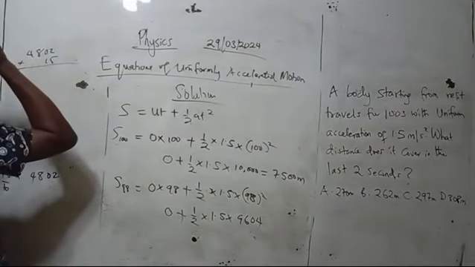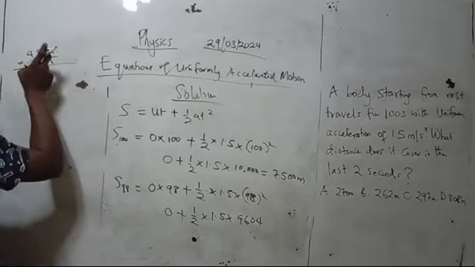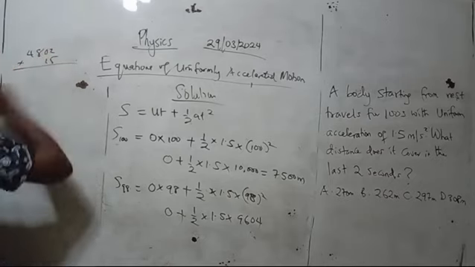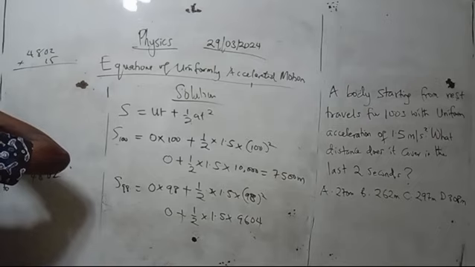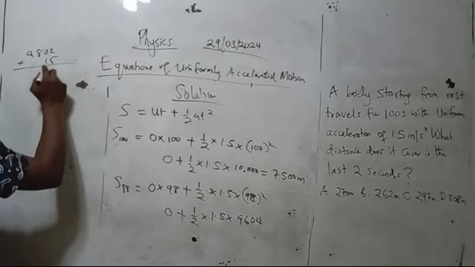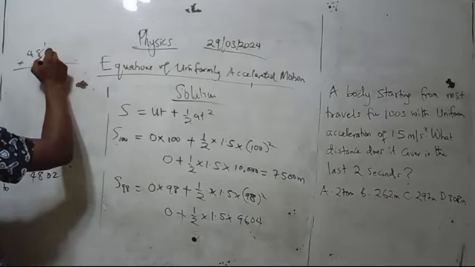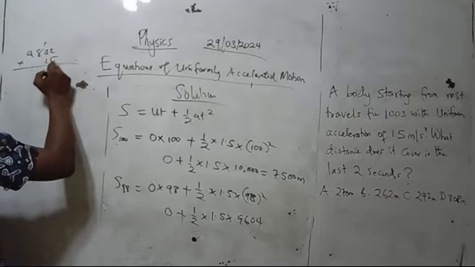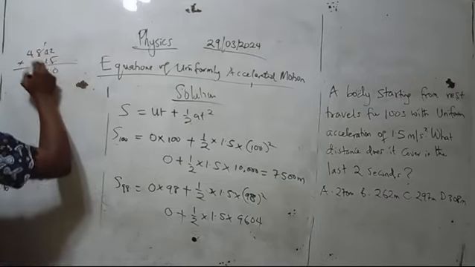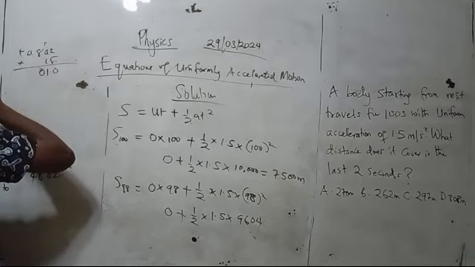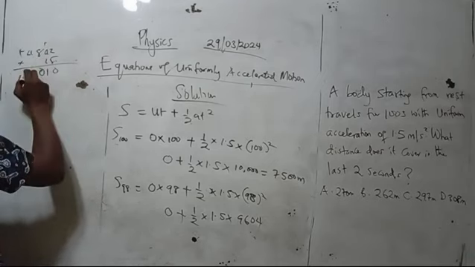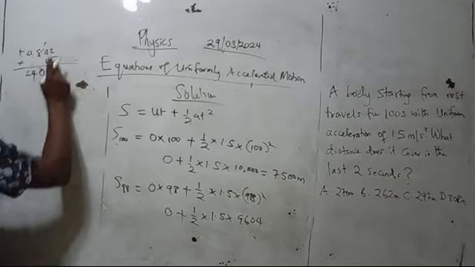5 times 2 is 10. 5 times 0 is 0 plus 1. 5 times 8 is 40. 5 times 4 is 20 plus 4, 24. Hope I'm right.